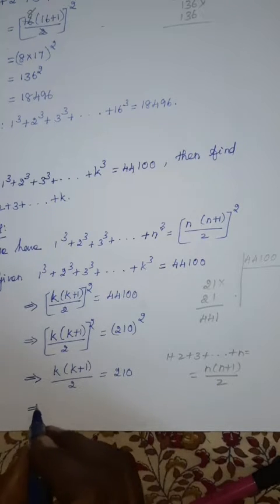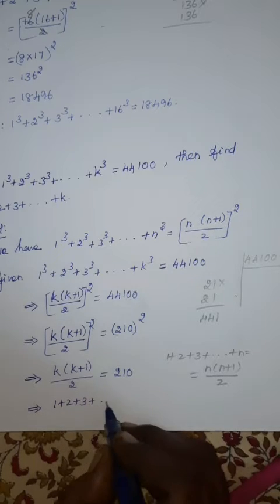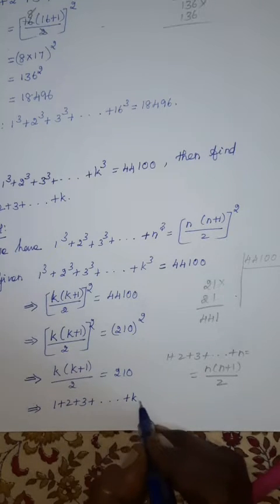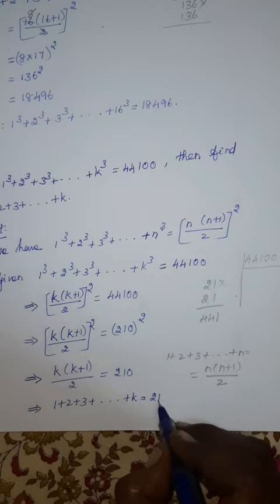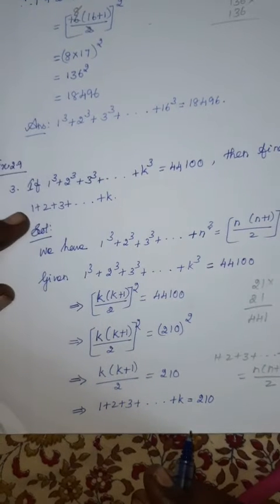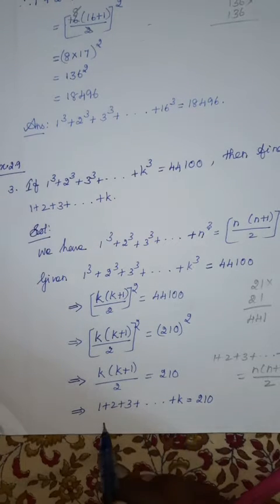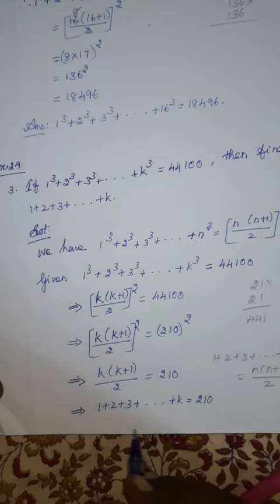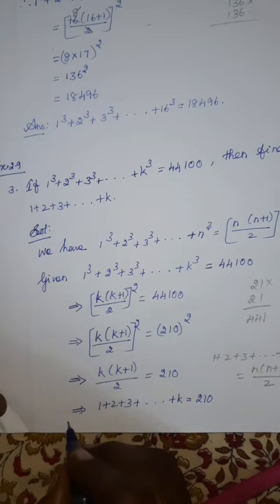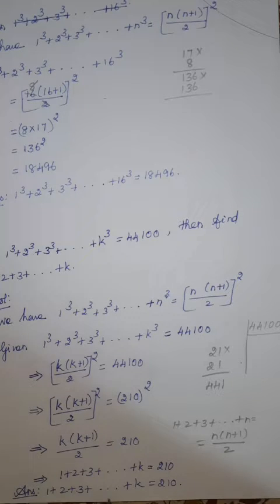So what do you get? 1 plus 2 plus 3 plus etc. plus k is equal to 210. That is only what we need to find. We need to find 1 plus 2 plus 3 plus etc. plus k, and we got that value. This is the answer.